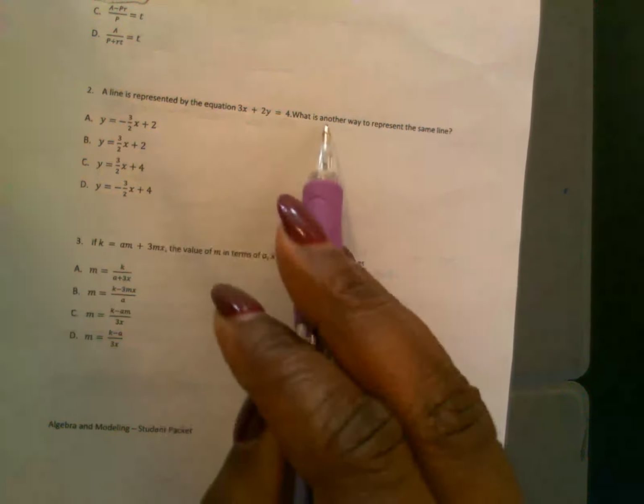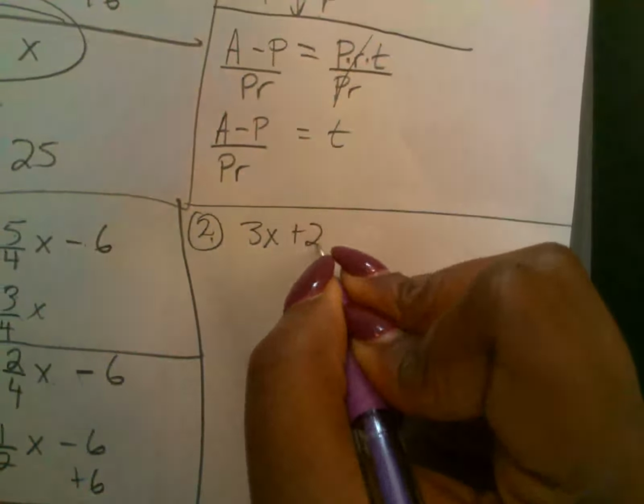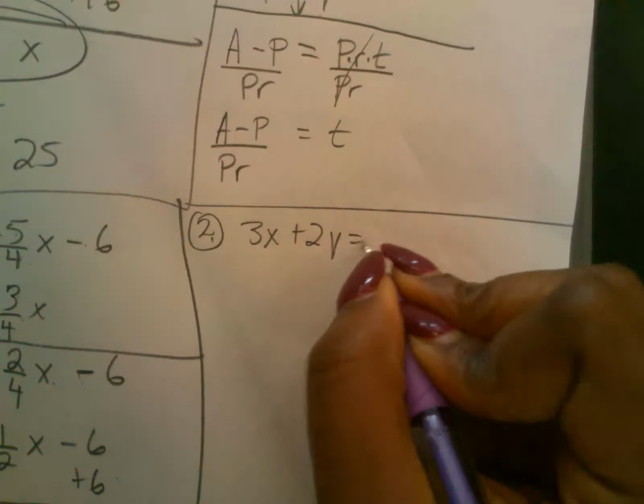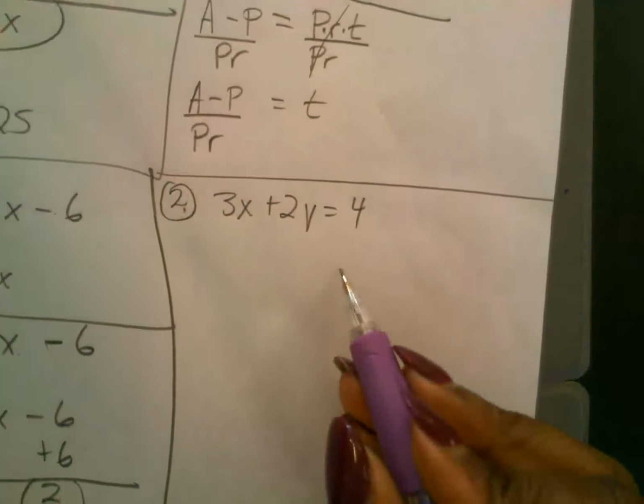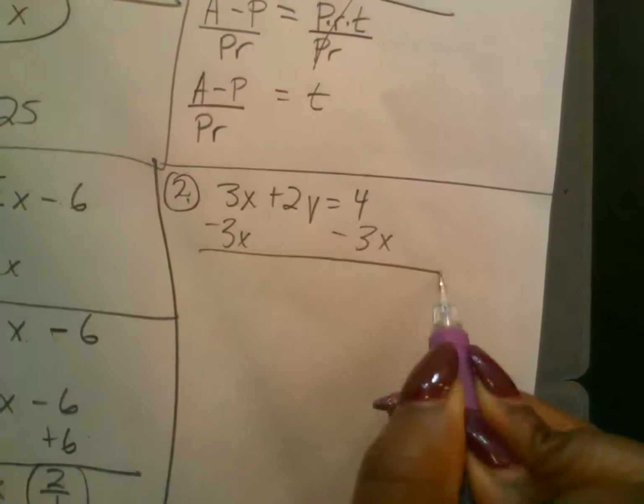All right, number 2, a line represents this equation right here. This is linear, by the way, it's in standard form. What is another way to represent the same line? So it looks like what they did was solve for y. So here you're solving for y. So for this one, you write 3x plus 2y is equal to 4. So to solve for y, subtract 3x on both sides.